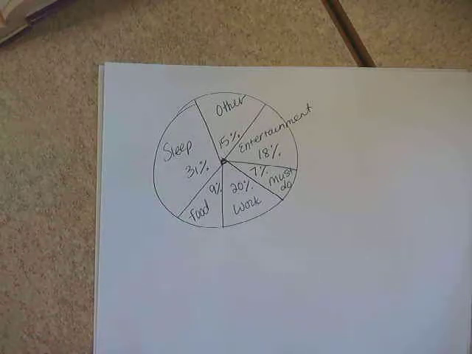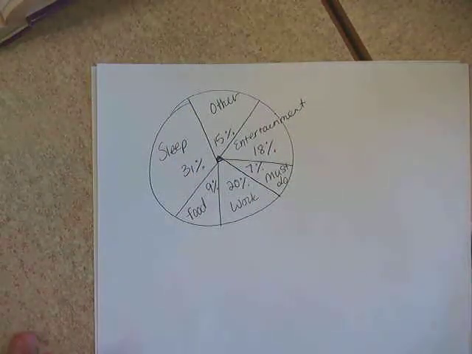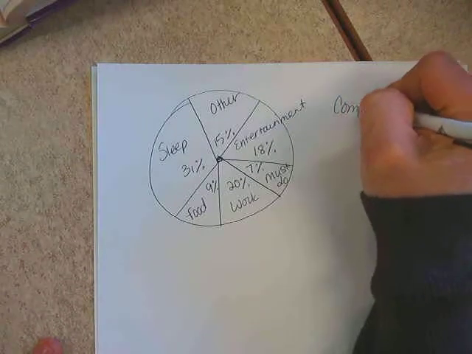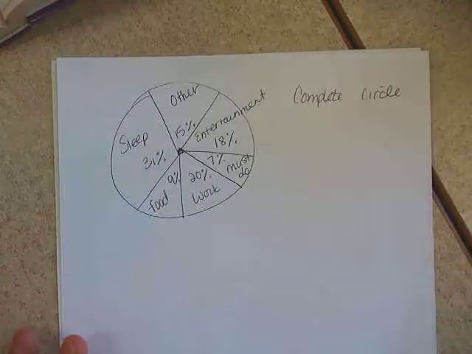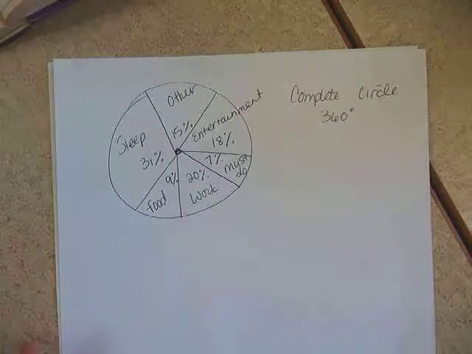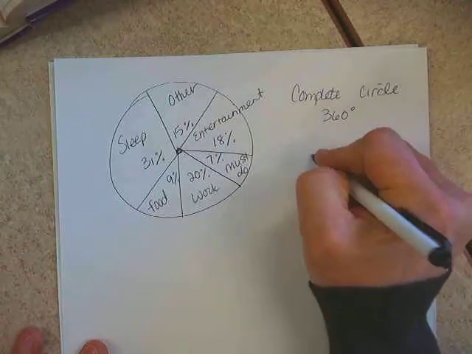I mean, we know what percentages we want to represent, but how would you make sure your angles are correct? The first thing you need to think of is how many degrees are we representing here? A complete circle would be how many degrees? 360.